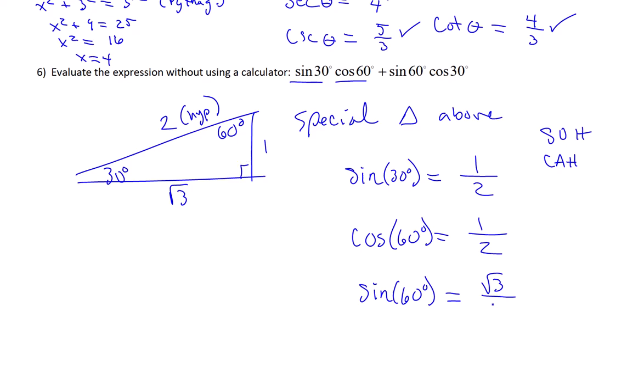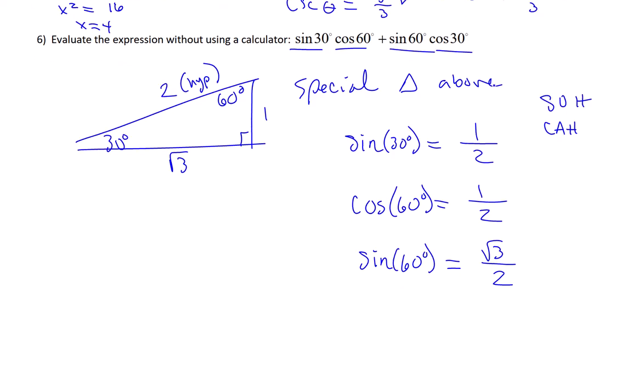And the hypotenuse is 2, so we're looking at square root of 3 over 2 for the sine of 60. And then lastly, the cosine of 30. Again, cosine is adjacent over hypotenuse. So we're looking at the 30-degree angle. The adjacent side to that is root 3. And the hypotenuse is still 2, always is in this diagram. So we have square root of 3 over 2 for the cosine of 30.